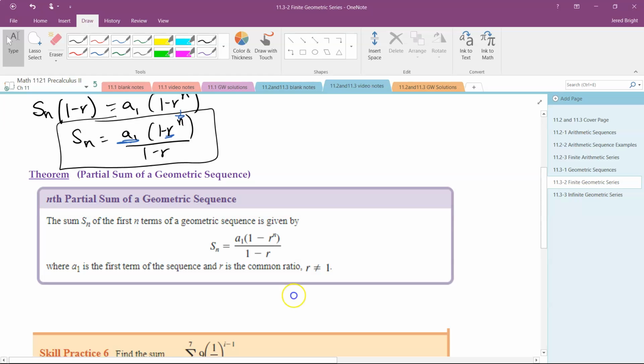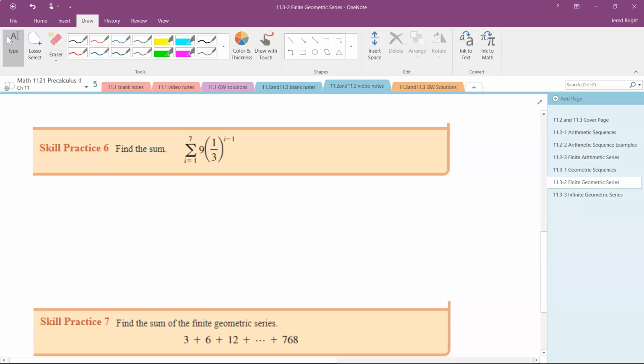Now if we look at applying this to an example, I can say the sum of this is from the first term to the 7th term. This is going to equal a1 times 1 minus r to the n, so 7, all over 1 minus r. Now I need to identify the pieces.